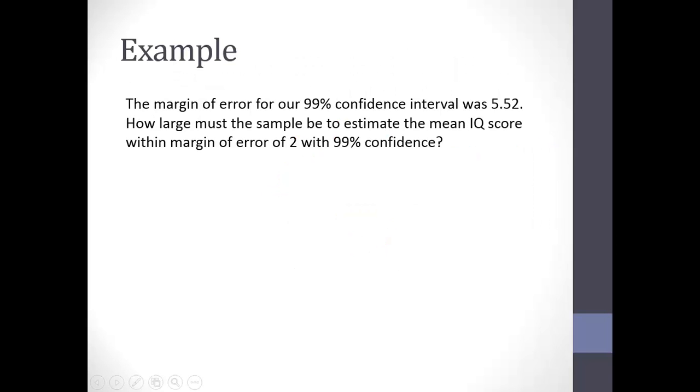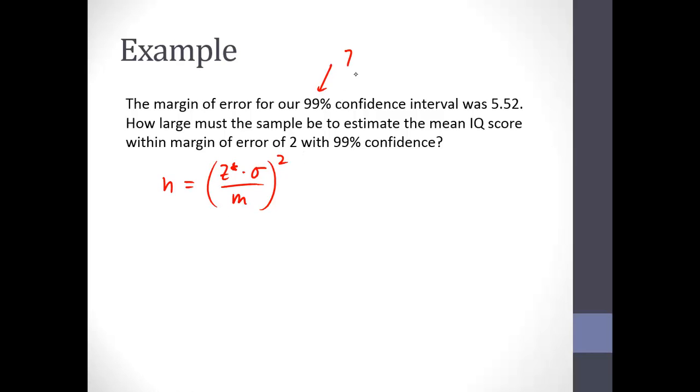Suppose now instead that I'm in the planning stages, and I want my margin of error to be 2 instead of 5.52. I can pick a sample size that will give me that margin of error. The formula is that n equals z star times sigma over m, the margin of error, squared.